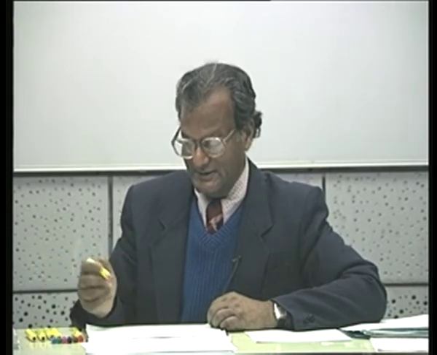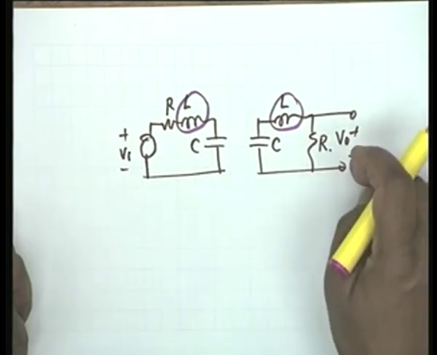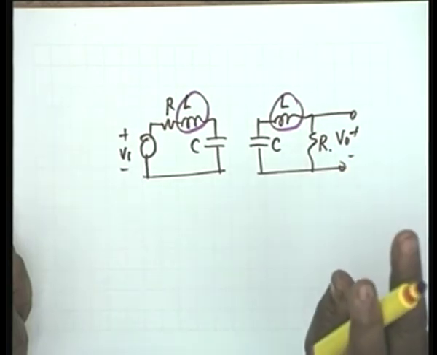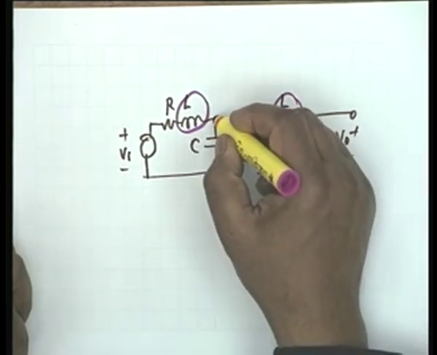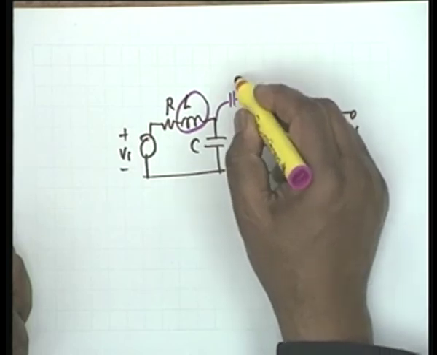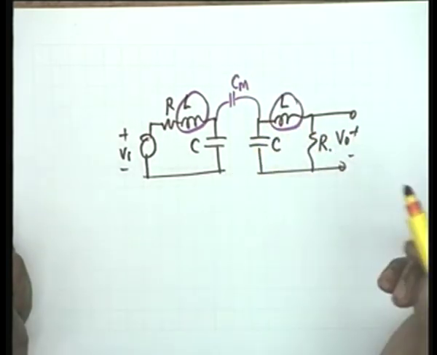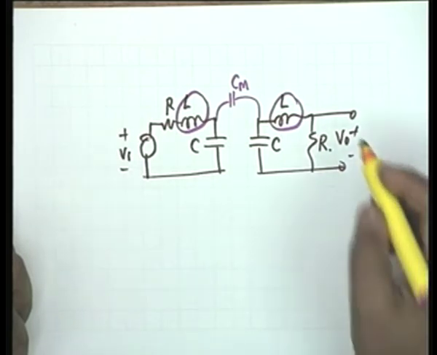If there is no coupling between the two, obviously V0 shall be identically equal to 0. But suppose we connect a small capacitor between the two. Will there be a voltage here?